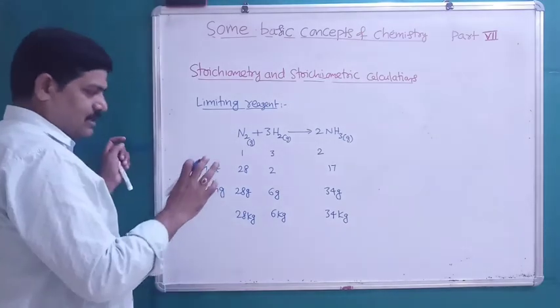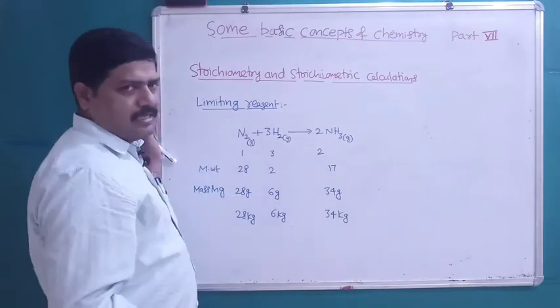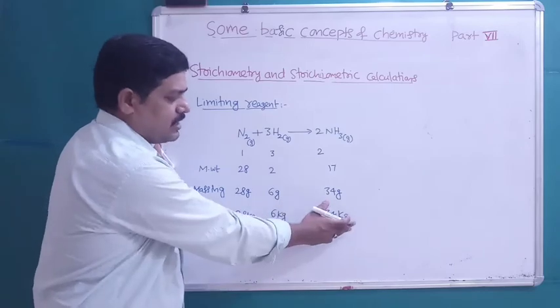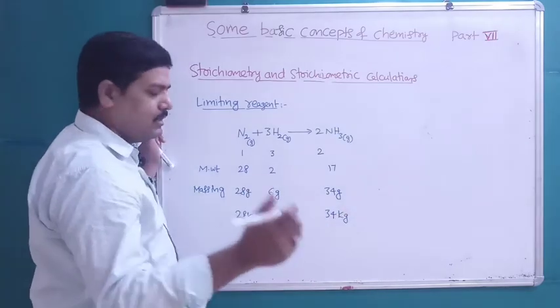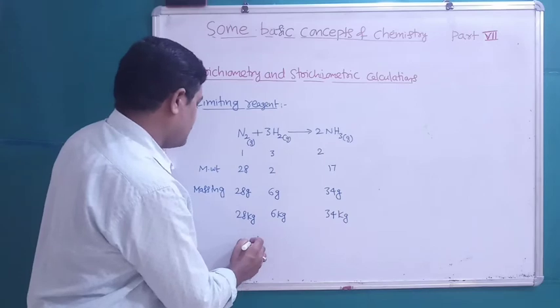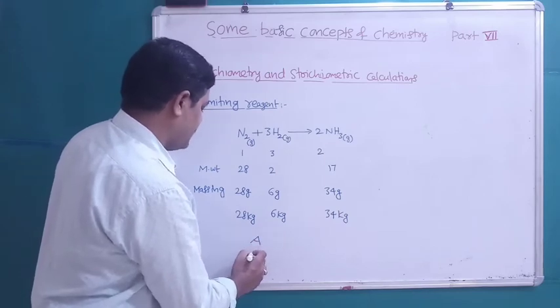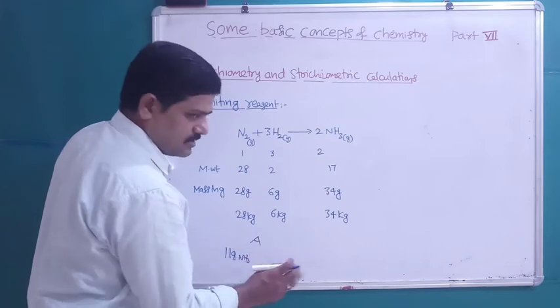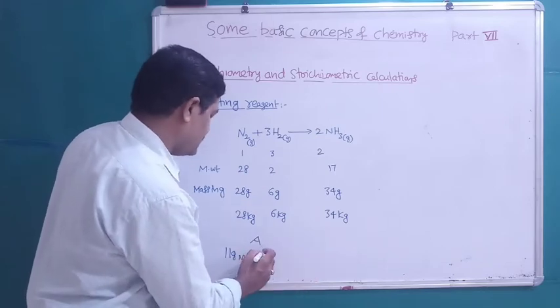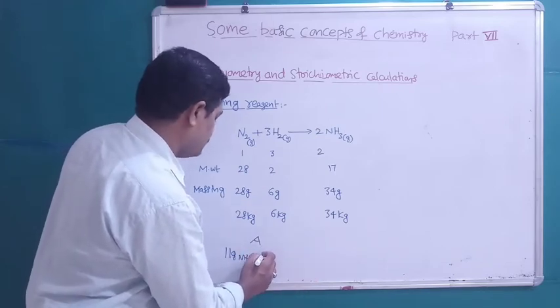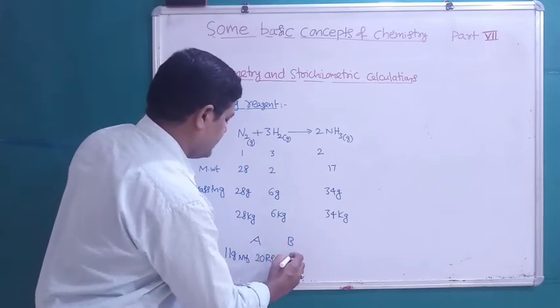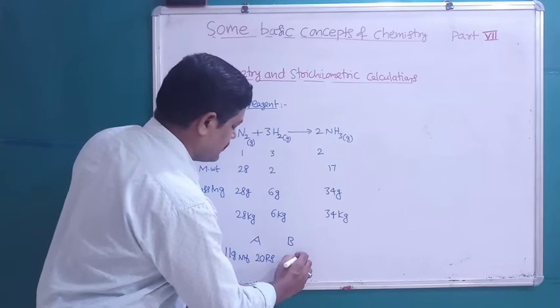For example, if we are running an industry, then we need to reduce the production cost of ammonia. Let us assume company A is giving 1 kg of ammonia for 20 rupees, and company B is giving it at only 18 rupees.